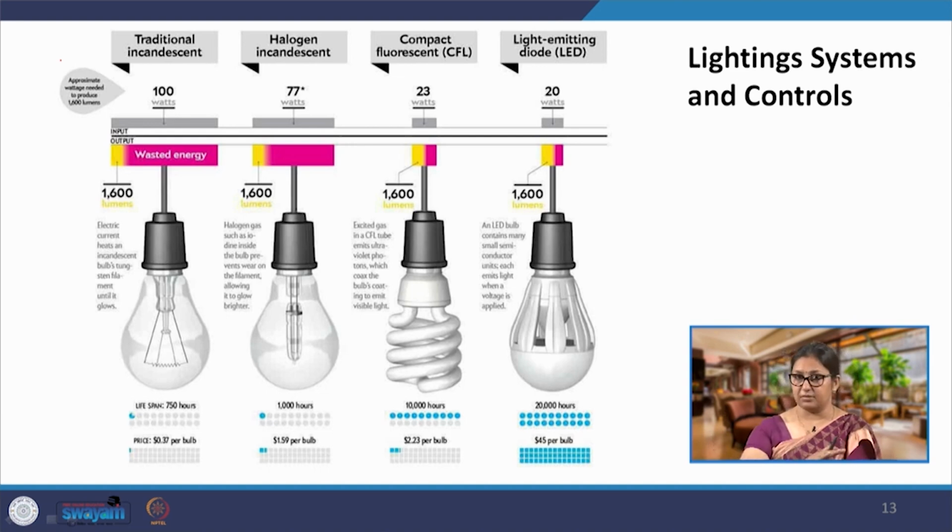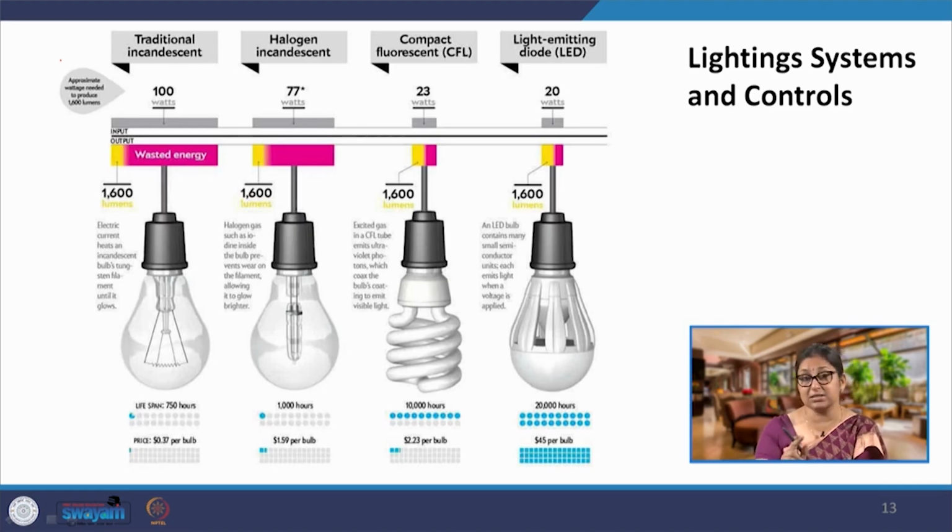And I am sure all of you know that if we compare the traditional incandescent bulb with that of an LED bulb, and we require the same amount of lighting, same intensity of lighting, then we require at max 1/5 the energy to be supplied. We save a huge part of energy that is going in.